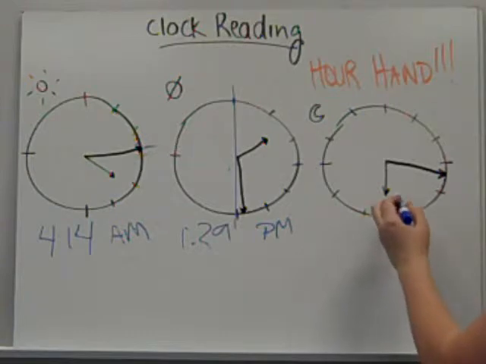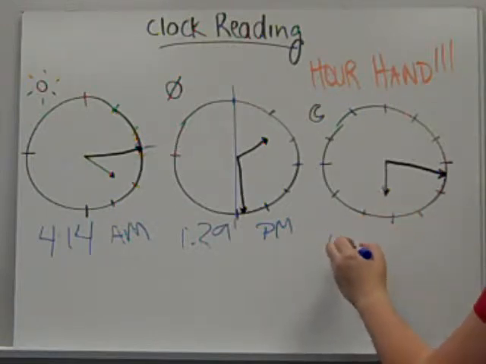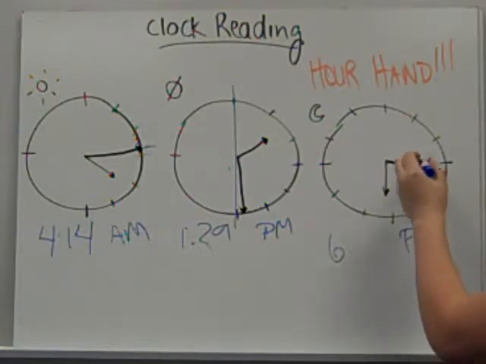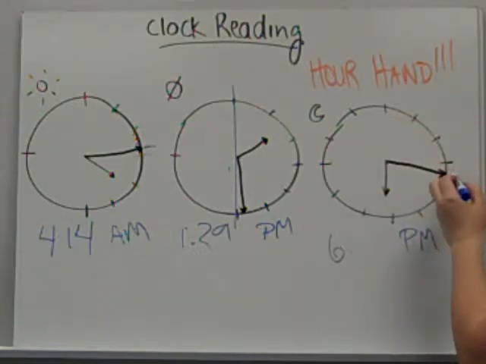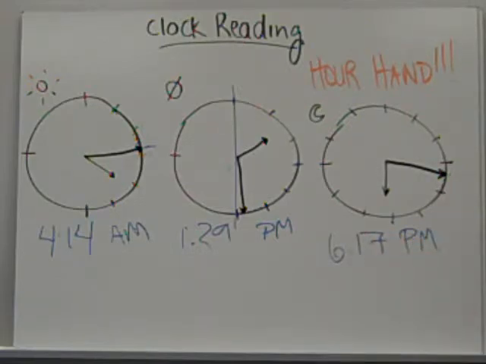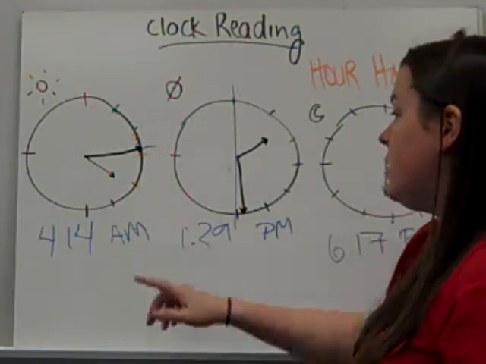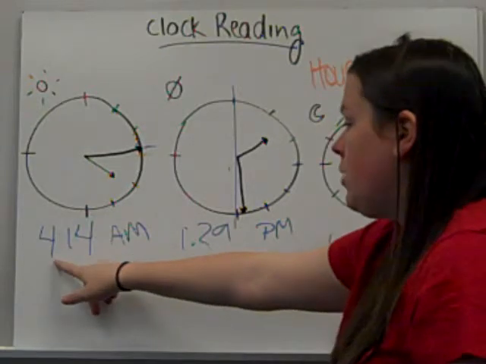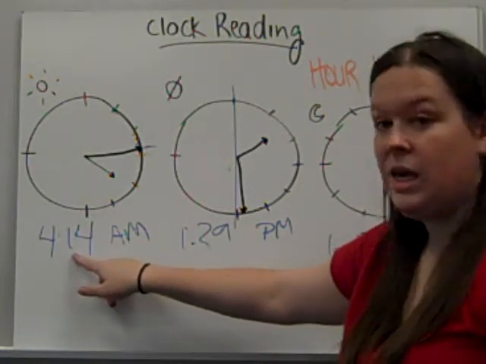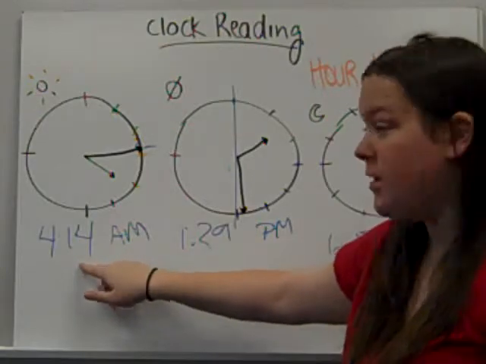So it's past 6, but not yet at 7, so it's 6. We're at night, so that's PM. And then minutes, 5, 10, 15, 16, 17. 6:17 PM.